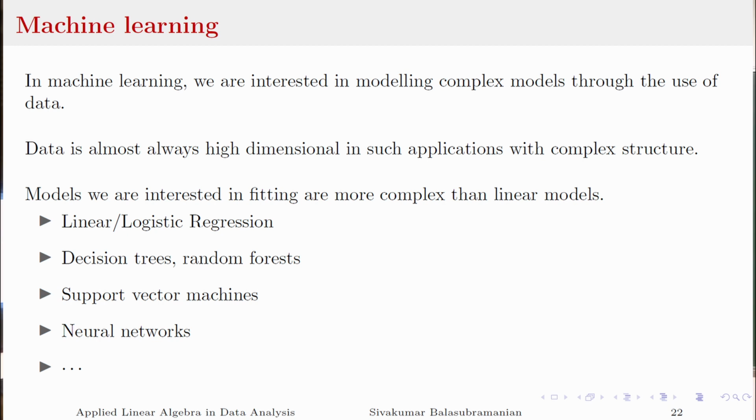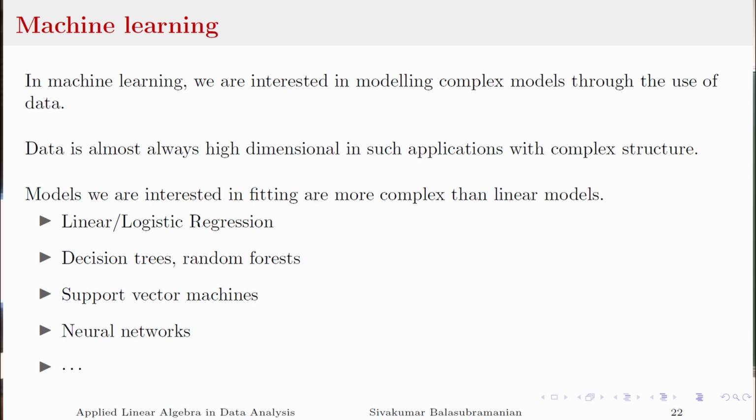The magnitude of problems you're dealing with in machine learning is also much more complex than what you'd come across in traditional statistics, so you are dealing with much more complex models. The data is usually high dimensional with complex structure, and linear regression still forms a core part of modern day machine learning. There are lots of other things: decision trees, support vector machines, neural networks, and these are all models with a lot more complexity than what a linear regression model can offer.